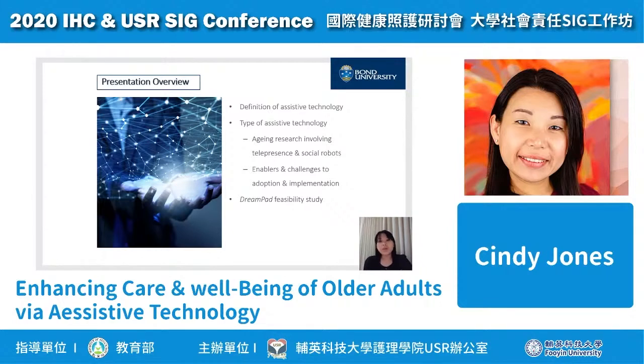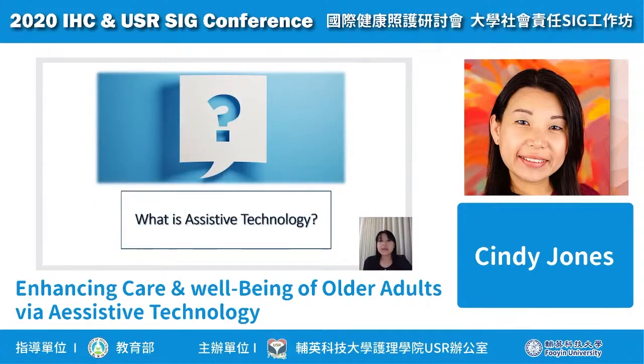And also, given my research in the area of socially assistive robotics, I'm going to be presenting you some of the enablers as well as challenges to the adoption and implementation of socially assistive robotics in aged care. Specifically, I'm going to be presenting my paper, which discussed the feasibility in the use of DreamPad within an aged care setting.